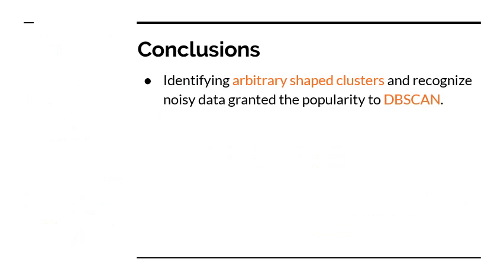The possibility of identifying nonlinear clusters and recognizing noisy data are the features that granted popularity to DBSCAN. Despite that, previous parallel implementations of the algorithm suffered due to the use of the master-slave model and the ineffectiveness of the merging process.